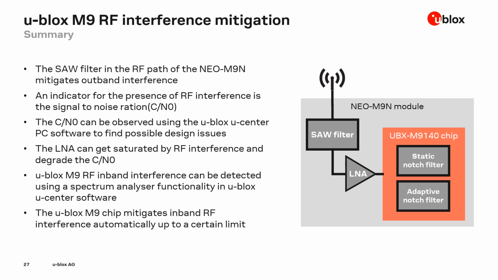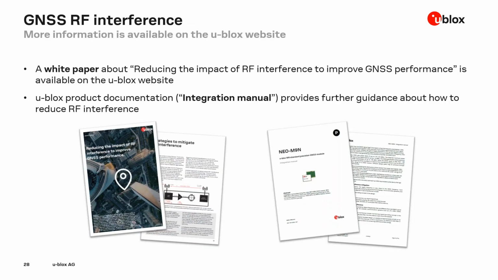Okay, that's it for the summary. On the next slide, I want to mention there is even more information available about RF interference. We have now published a white paper about reducing the impact of RF interference and improving GNSS performance, and this will be available on our website.